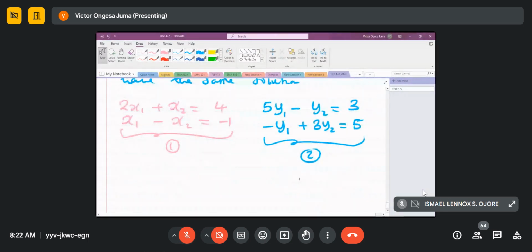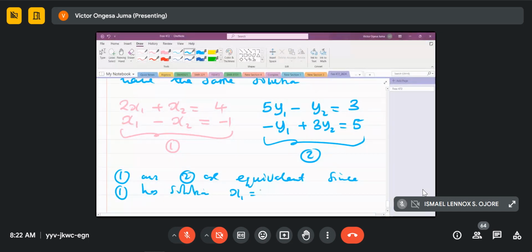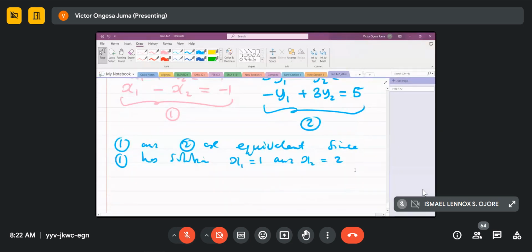And so we can say that 1 and 2 are equivalent, since 1 has solution x1 is equal to 1 and x2 is equal to 2, while 2 has the solution y1 is also 1 and y2 is 2.